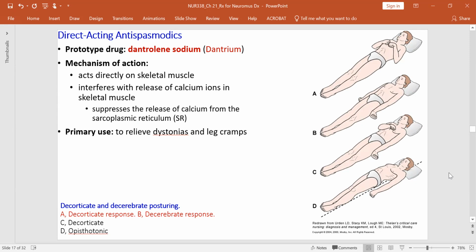So dantrolene sodium, or Dantrium, which acts directly, as we said, is actually both. I mentioned earlier that Dantrium, or dantrolene, acts on the smooth muscle, but also on the skeletal muscle.